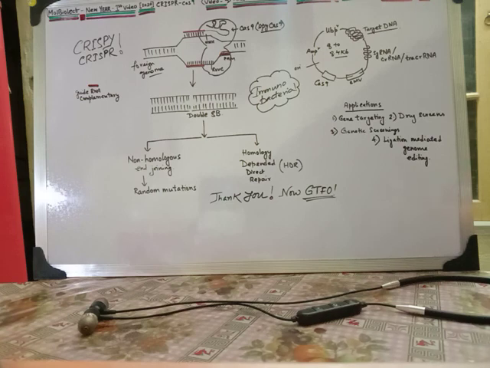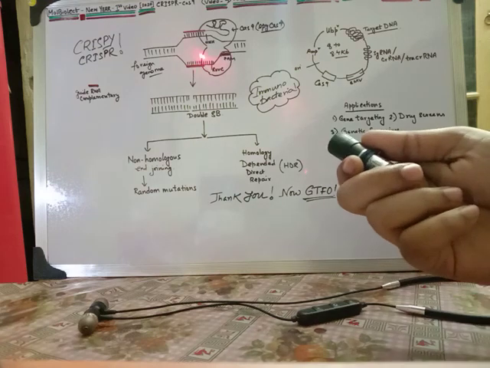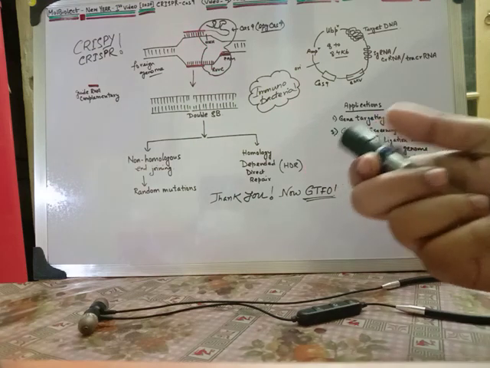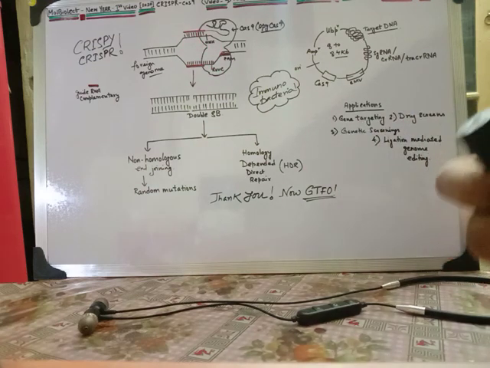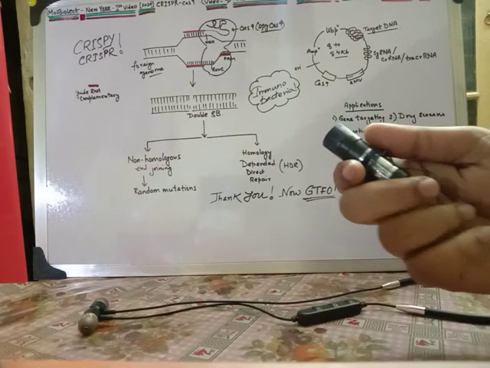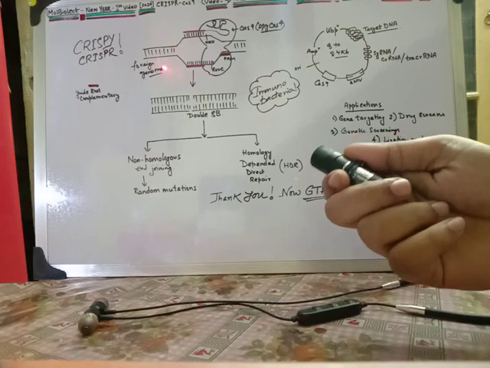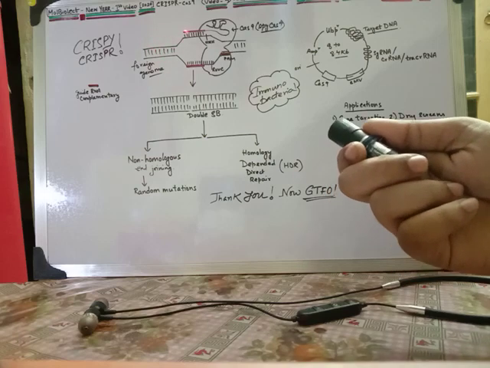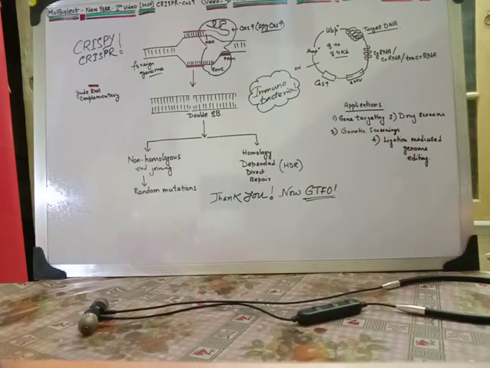Those memory cells are retained in your body and they help you to fight it off when you develop that infection again. So maybe some prior infections have resulted in the formation of this 20 nucleotide sequence, which is basically an RNA sequence, the complementary RNA-DNA hybrid sequence. This is the foreign genome DNA, and this red thing is the RNA over here.